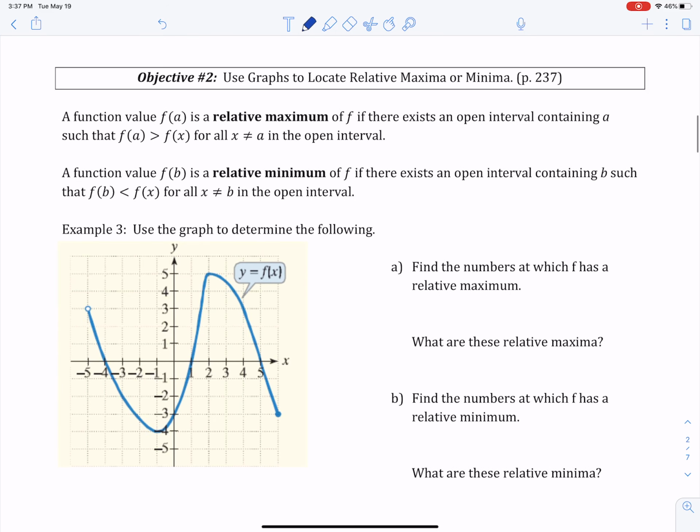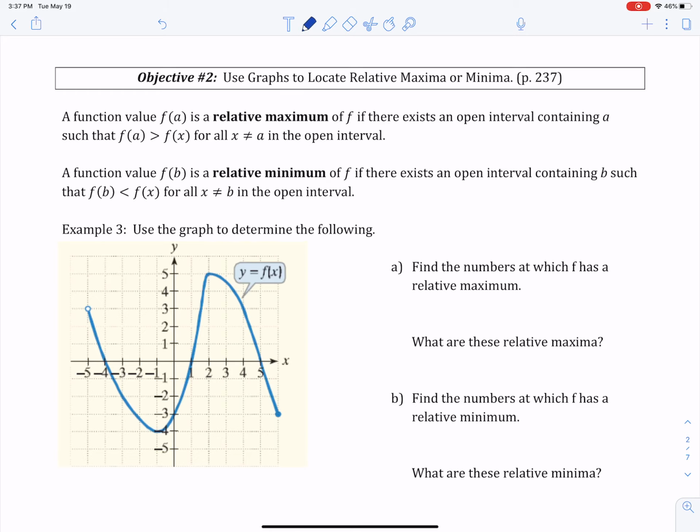So we may notice the difference here between a relative maximum and relative maxima. The maxima is the plural of maximum, so that's where the difference comes from.